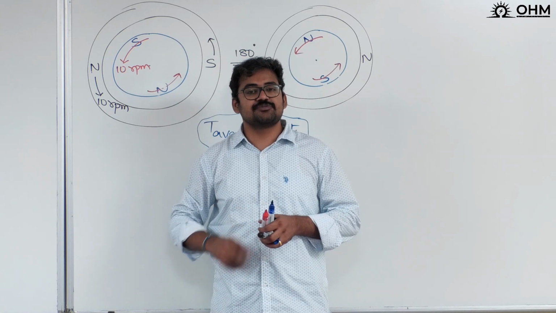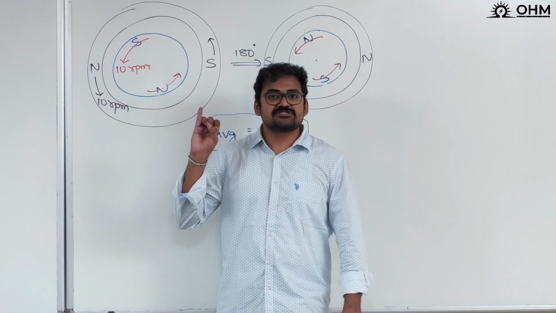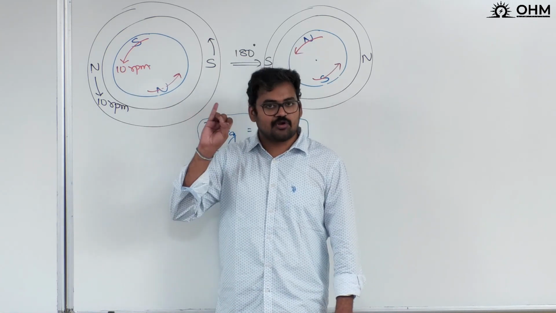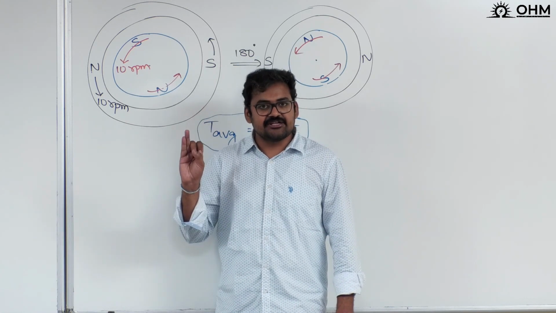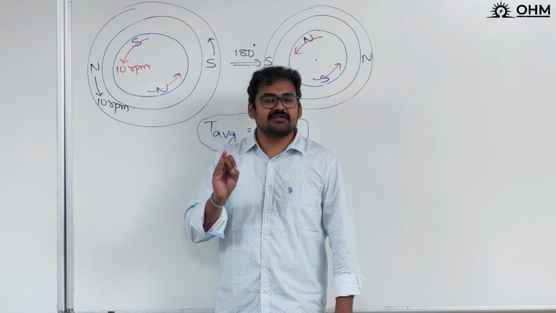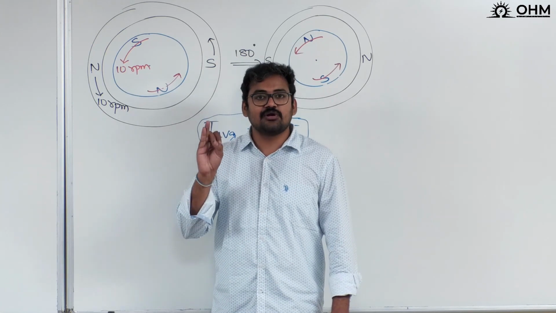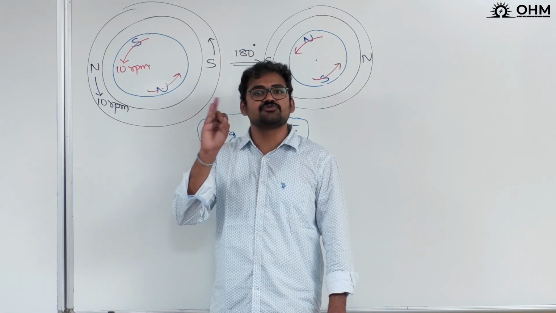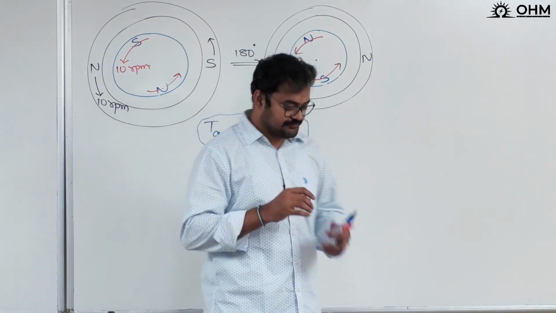So what are the conditions to be satisfied? First condition, stator and rotor should have the same number of poles. Second condition, relative speed between stator magnetic field and rotor magnetic field must be equal to 0. Okay, let me write down these two.